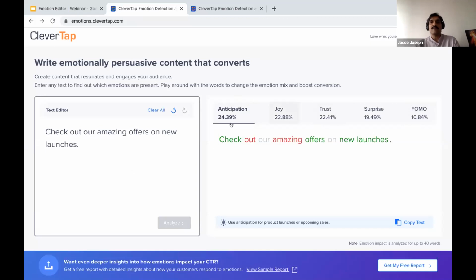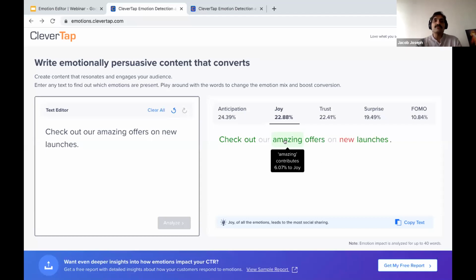And what is this? These give you the impact of each word on a specific emotion. For example, take joy. Every word contributes to this 23%, but some words have a higher contribution. So look at this word amazing.